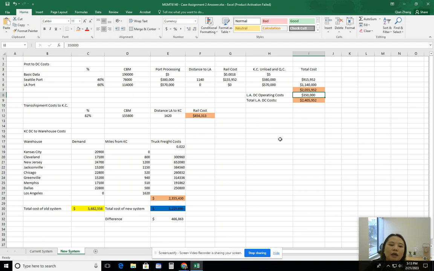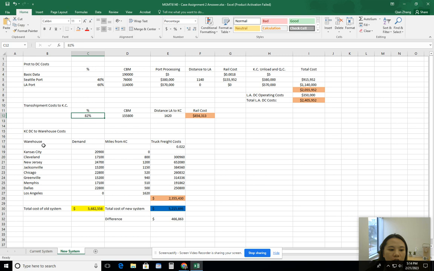So once we have transported everything to Los Angeles, we know that only 18% will stay in the Los Angeles distribution center, and the other 82% of the importing products will need to be transported to Kansas, the other distribution center here.